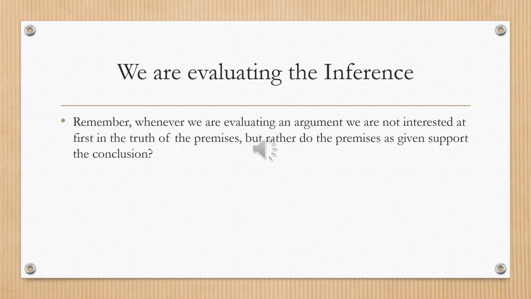This is not the totality of evaluation, it's the first step. If the premises do in fact support the conclusion, it's a strong argument, and then we have to subject it to further scrutiny. But whether or not the statements in the argument at this first step are true or false really doesn't matter. However, there is one exception that I'm going to talk about in the next slide.